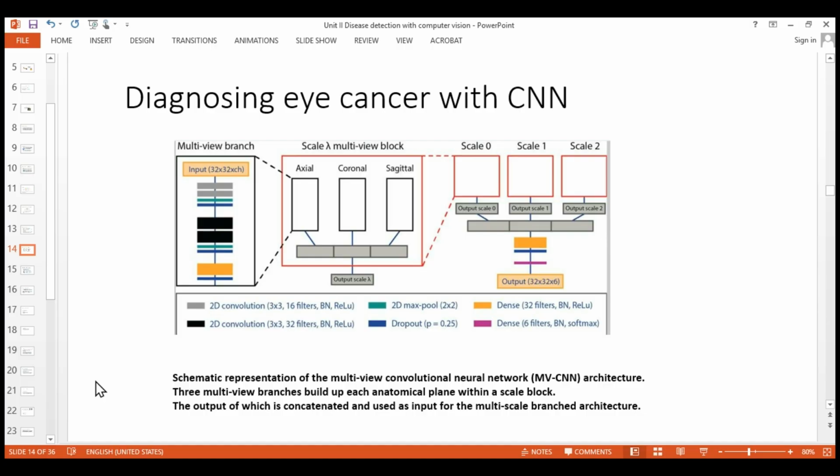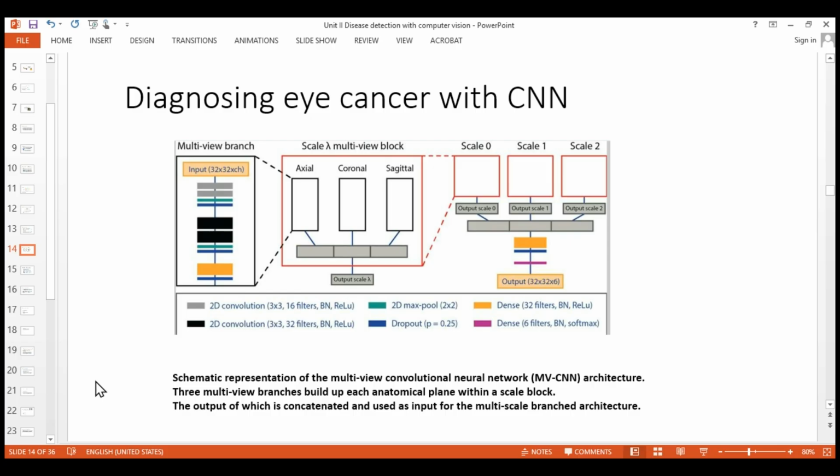So again, here we have a 32 by 32 input for this example, where again in three dimensions we are trying to get the data. We can scale the images to get an output.